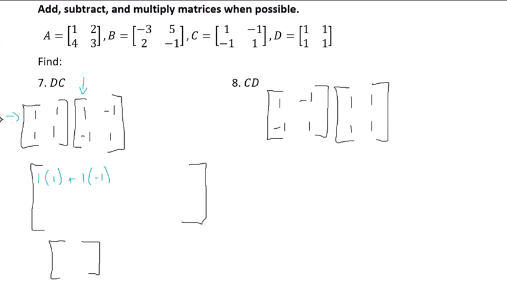Right? Now we have row 1, column 2. So that is 1 times -1 plus 1 times 1. Row 2, column 1 gives us 1 times 1 plus 1 times -1.